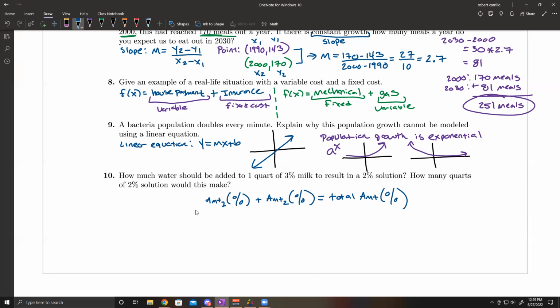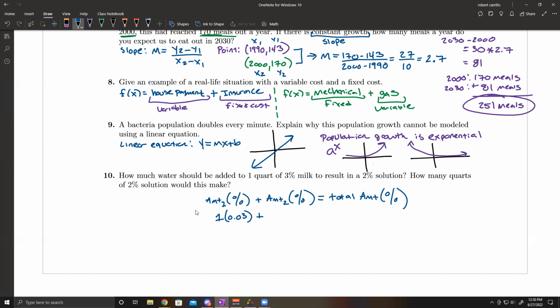So one thing we know is that we're doing 1 quart of 3% milk. So that would be 1 times 3%, which would be 0.03. The other thing we don't know is how much water we should add.